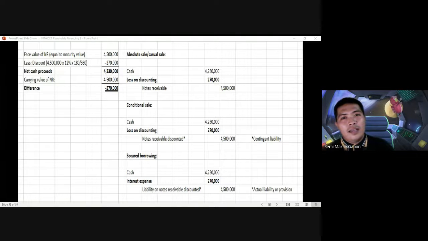Then get the difference, 270,000. Sir, tama ba na yung amount ng discount and amount ng difference ng net cash proceeds and carrying value is the same? Wag agad. Kasi dito yung discount, sir, 270. Tapos yung difference nila na pwede natin sabihing loss, 270 din. Pwede ba yon?